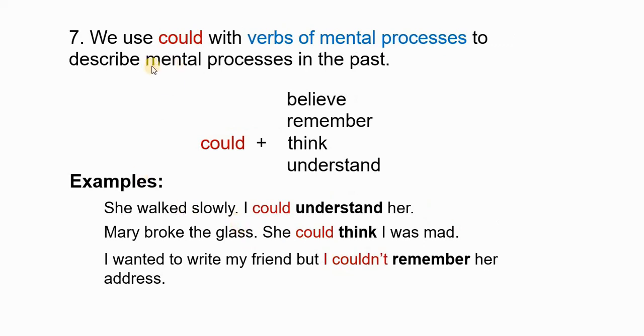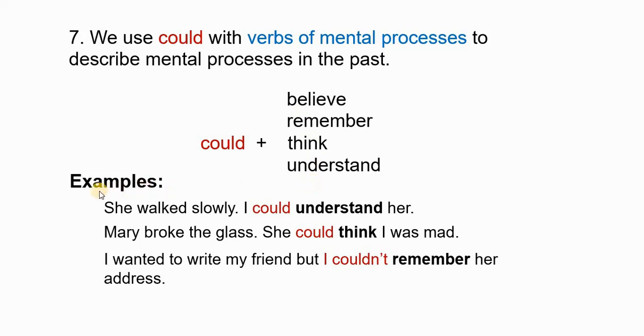And it's also similar with mental processes in the past. So we use could with verbs of mental processes to describe mental processes in the past. And the verbs are things like could plus believe, remember, think, understand.